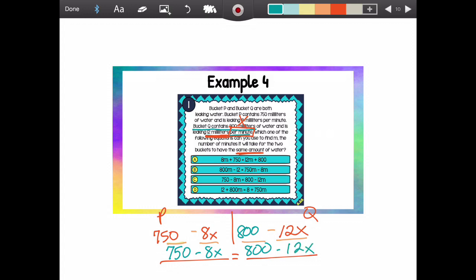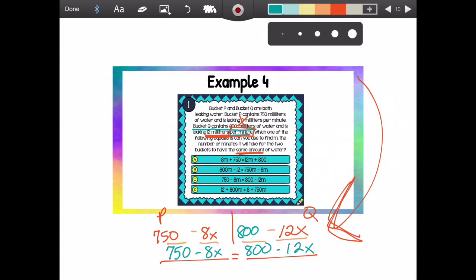Now, guys, I suggest that you work it out yourself first and come up with your own equation, because if you notice in your answer choices, they're all using the exact same numbers. They're just moved around in different places. So I would suggest write your own equation first and then match it with one of the answer choices here, all right?